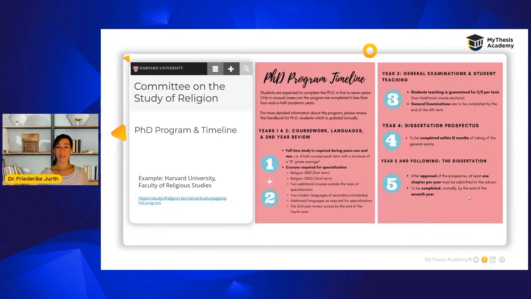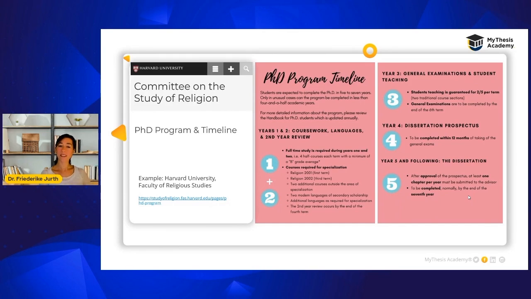In the third year, what you will take over are the teaching responsibilities, and you also have to attend the general examinations. So this is basically what will happen in the third year.